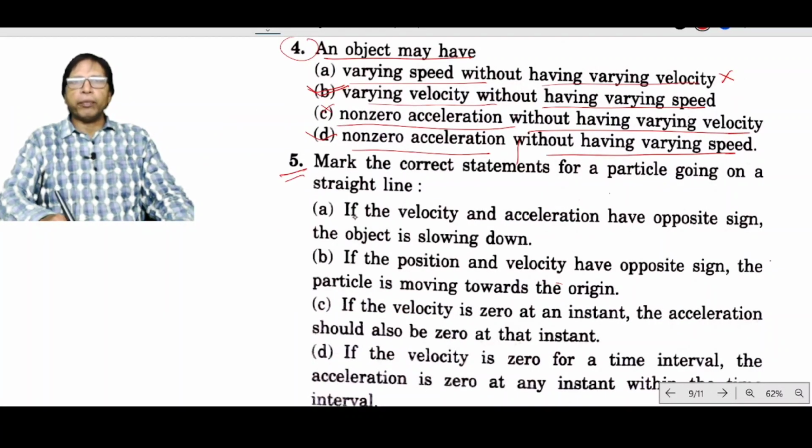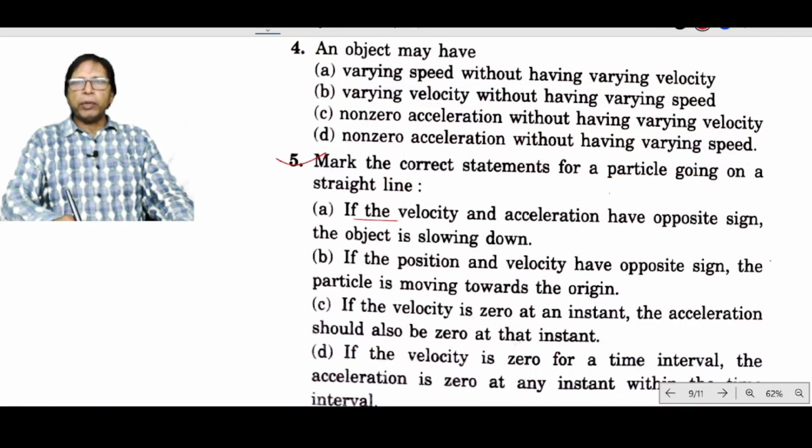Now MCQ 5. Make the correct statement for a particle going on a straight line. If the velocity and acceleration have opposite sign, the object is slowing down. Yes, it is okay. If the position and velocity have opposite sign, the particle is moving towards the origin.